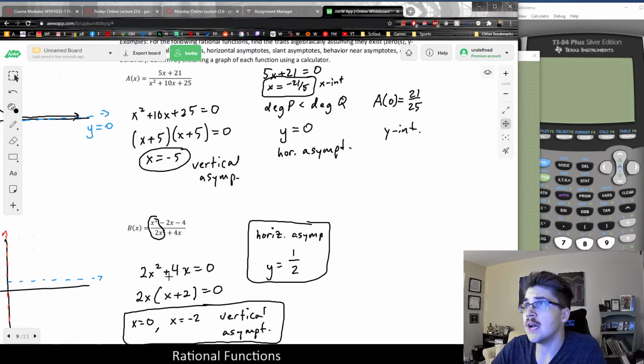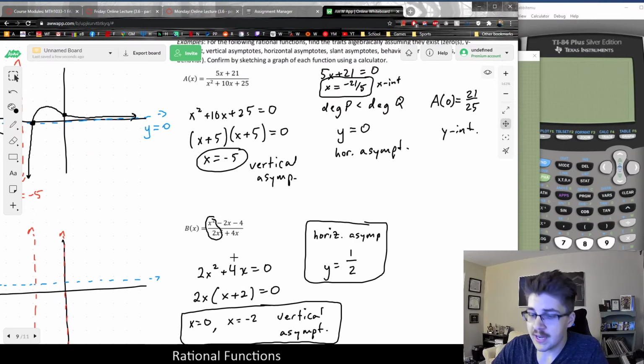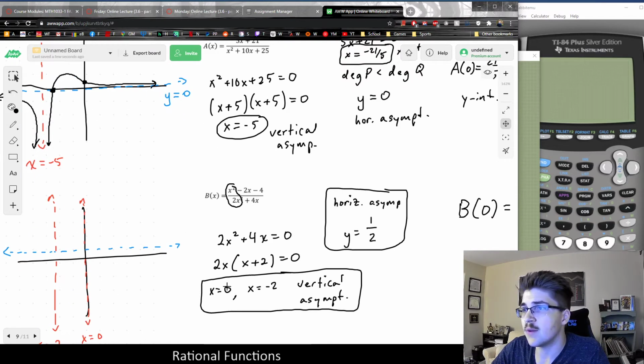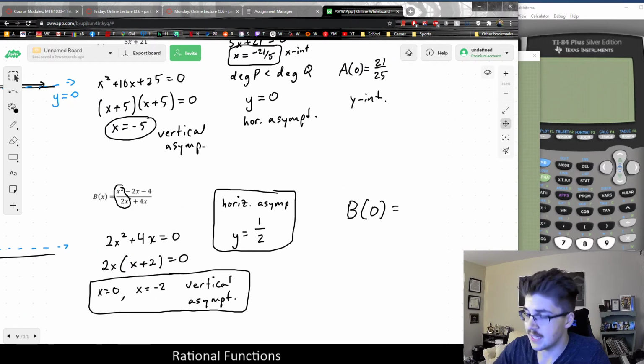Now for the y-intercept, that's always going to occur by plugging in 0. So if I plug in 0 here, notice actually 0 is undefined here because we have a vertical asymptote at 0, meaning that this will not work. And so our conclusion is that it has no y-intercept because it has a vertical asymptote at 0.